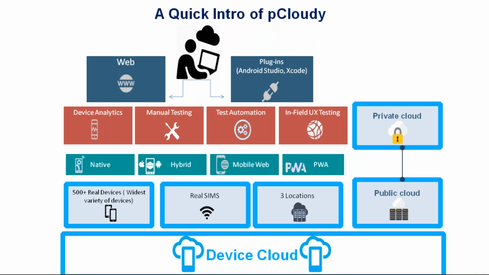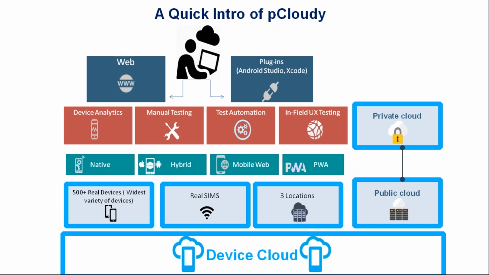For such cases, we create an instance of the cloud which will be maintained by us in our own state-of-the-art data centers, and we provide the devices which are asked for by the specific client. That particular cloud with a separate dedicated URL will be accessed only by that client, and the whole user management will be done by them. So basically it's a private cloud for that particular client alone.